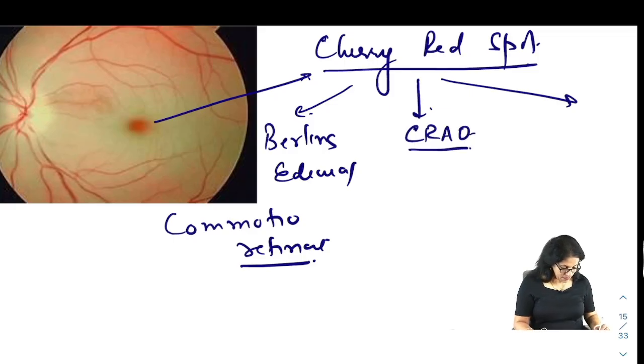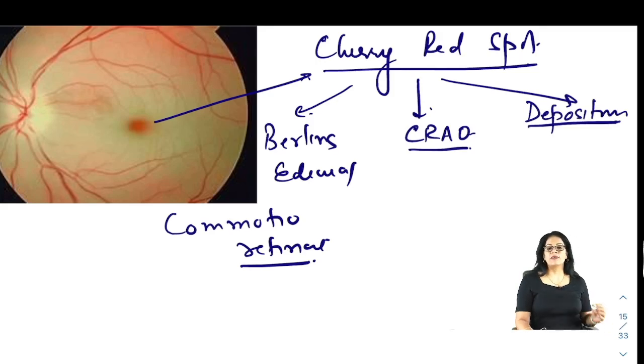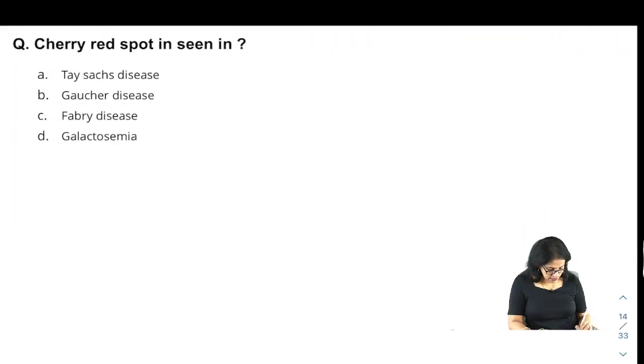Whereas the third, we can learn it as depositions, and in depositions, we learn all the gangliosidosis, GM1, GM2, that is Tay-Sachs disease, right? Then Niemann-Pick disease. What else? Even Gaucher's, right? So in Gaucher's type 2 you can get a cherry red spot. What else? Sandhoff, sialidosis. In all these cases you can get cherry red spot. So if you want to really know the causes for the deposition, we can note it down.